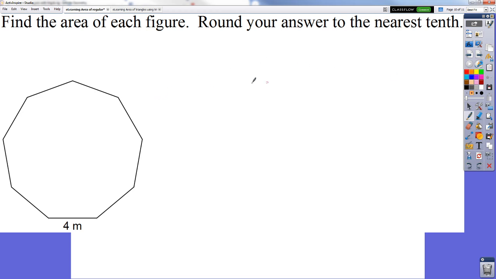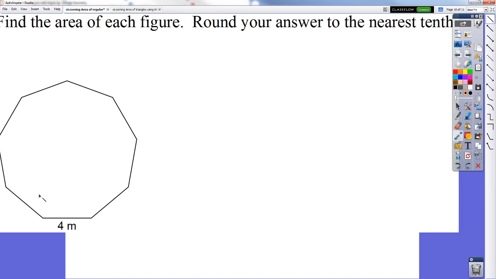Alright, so first thing we have to do is find the radius. Remember, we want this guy up here, the radius, right here.